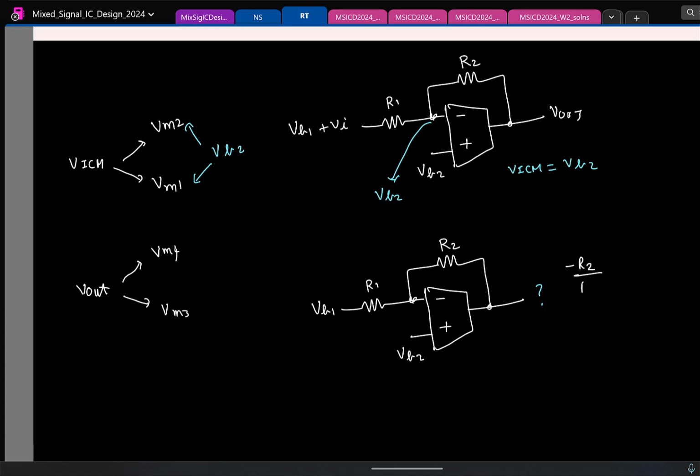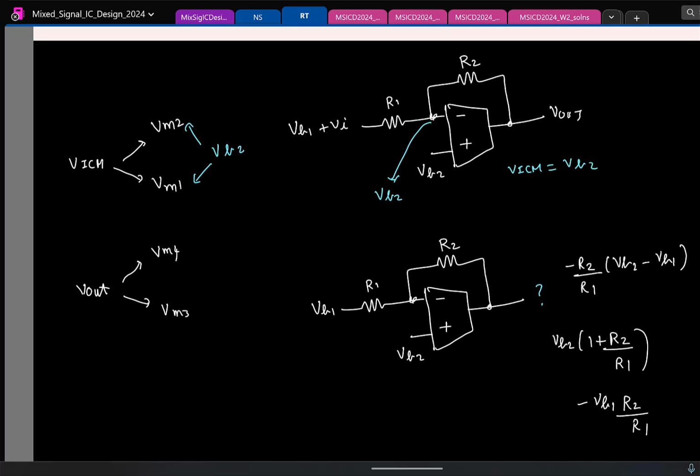Minus R2 by R1 into? No, that's not correct. Come on folks, minus 1 marks in GATE for you. Okay. Yeah, correct. And then? Correct. Yeah. How do you say this? How did you get this?